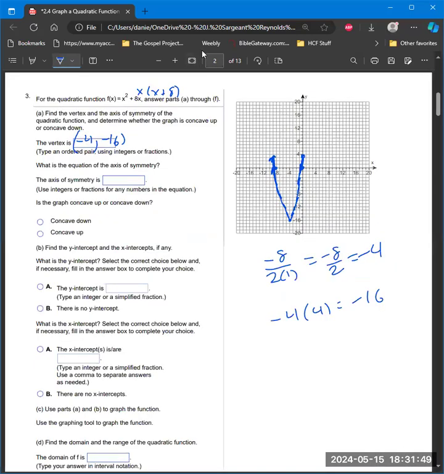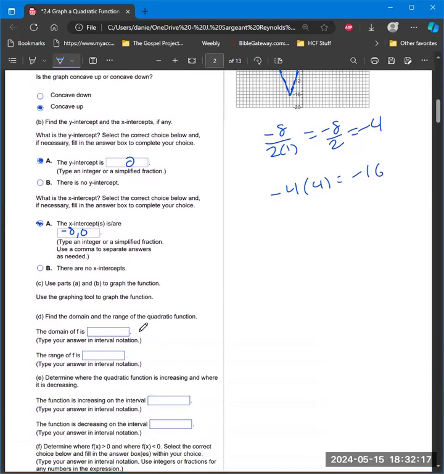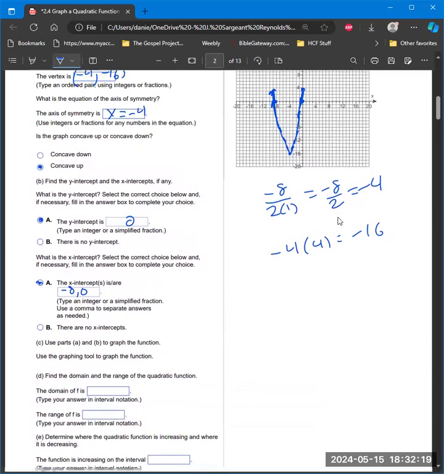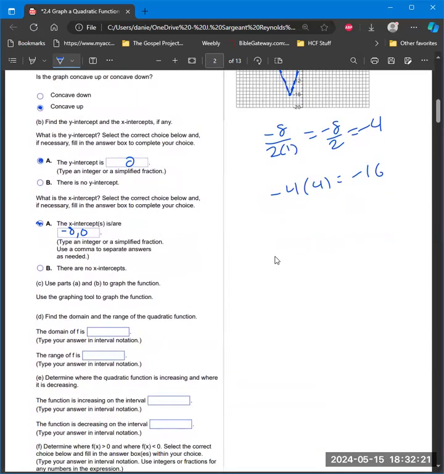The equation of the axis of symmetry is x equals negative 4. This graph is concave up, it opens up. It has a y-intercept at 0, and the x-intercepts are at negative 8 and 0. You'd have a graphing tool to help you graph this a whole lot better than my graph looks.